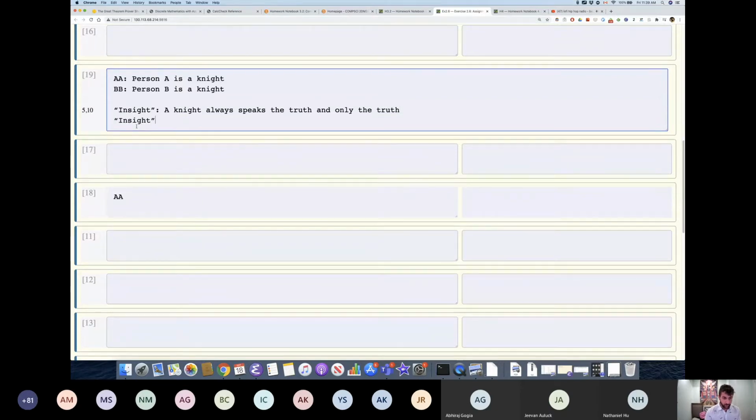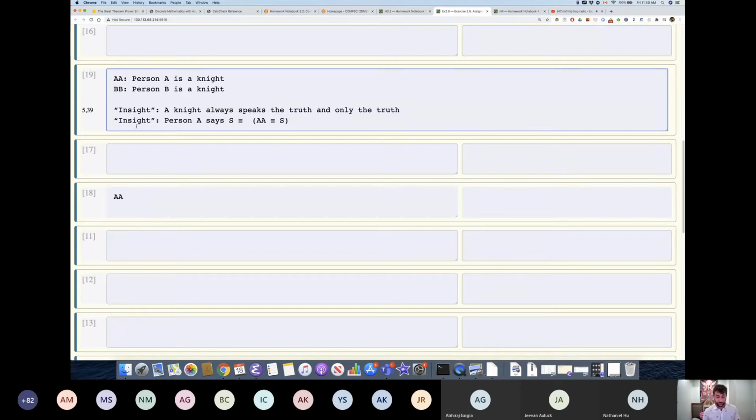So we can rephrase this insight to say, A says a statement S if and only if S is true precisely when A is a knight. A person A says statement S, then that statement is true precisely when that person is a knight.